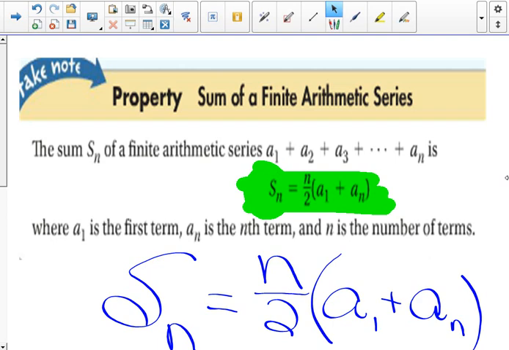That sum is equal to n, which is your number of terms, divided by 2, times the first term plus the last term. Okay, so that's all there is to it. So let's look at how to use this.